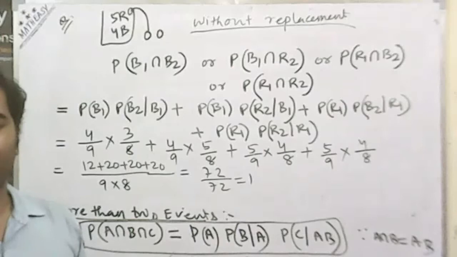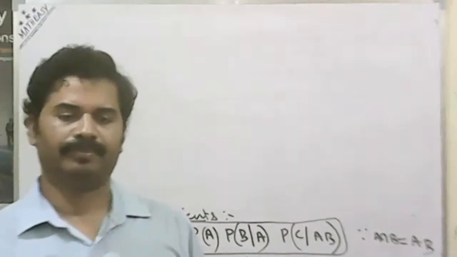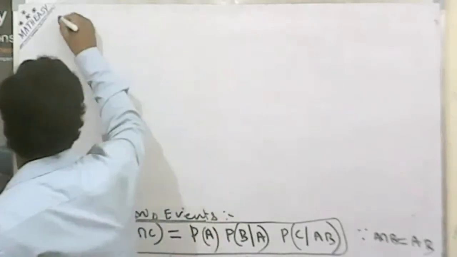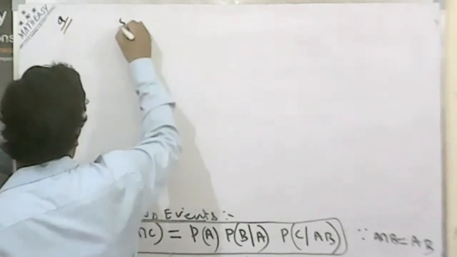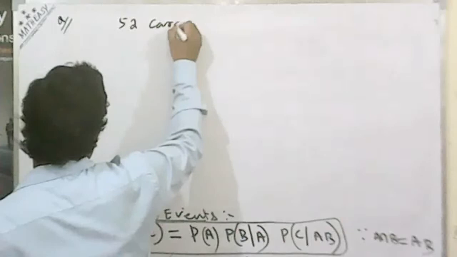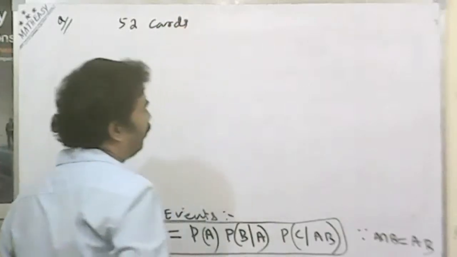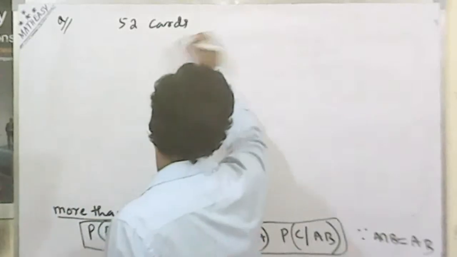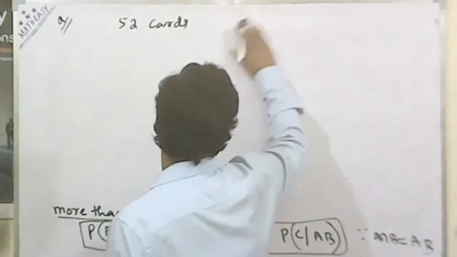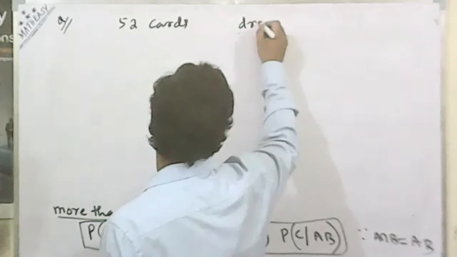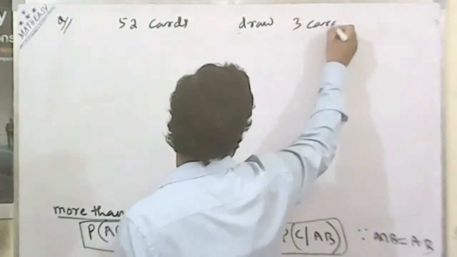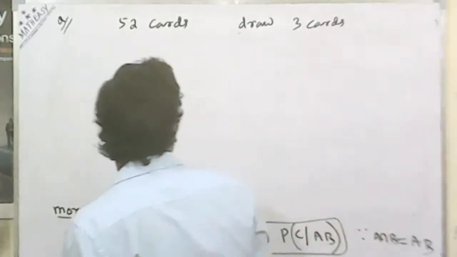Now take another question. 52 well shuffled cards are in a deck. You draw 3 cards, 3 cards one by one.